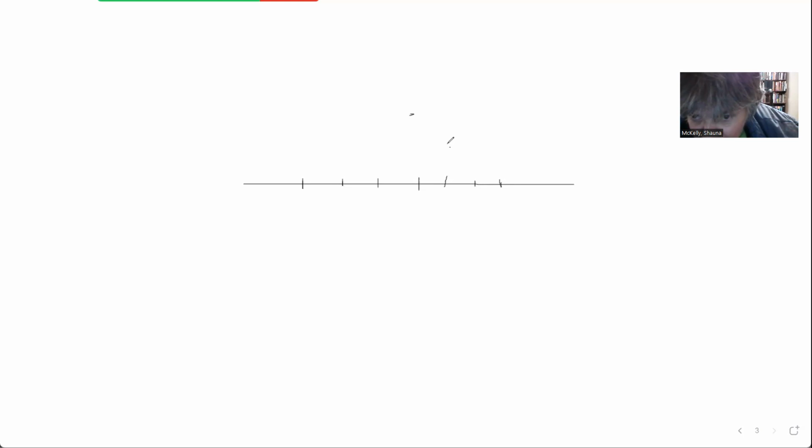Again, it doesn't matter how far. You just want to make sure that this dot on this side is the same height as this dot on this side. And then you want to do another dot for this level and another dot over here. And what you're getting here is a curve.